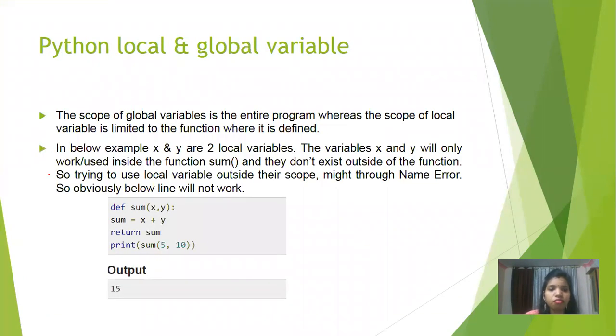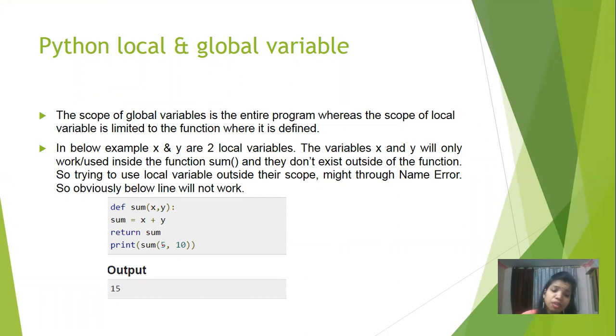Now the local variable and global variable. A local variable is for a particular function only, for a particular program. Global means it can be used globally, anywhere. For example, define sum(x, y), and sum is simply the summation of x and y. If you return sum outside, it will show an error.